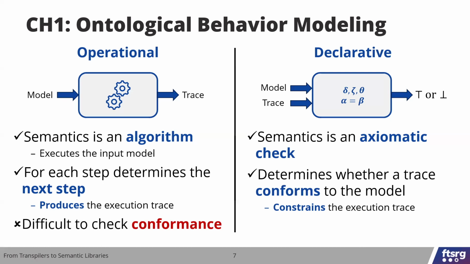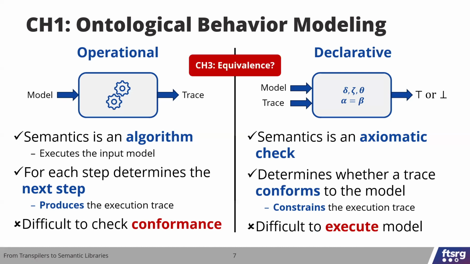And with declarative semantics, it is difficult to execute the model. Another question that arises from this is, if we have both operational and ontological semantics, how can we check the equivalence between them? I will come back to this at the third challenge.